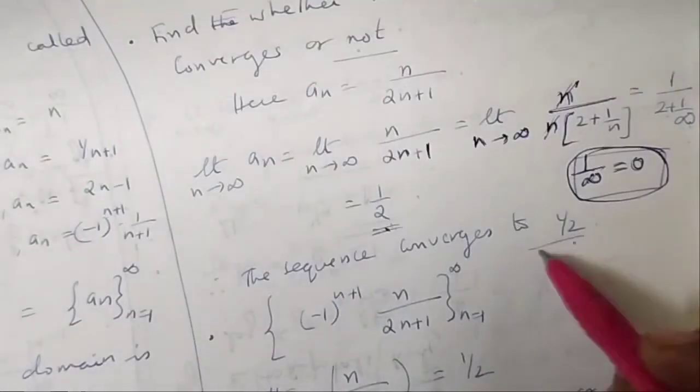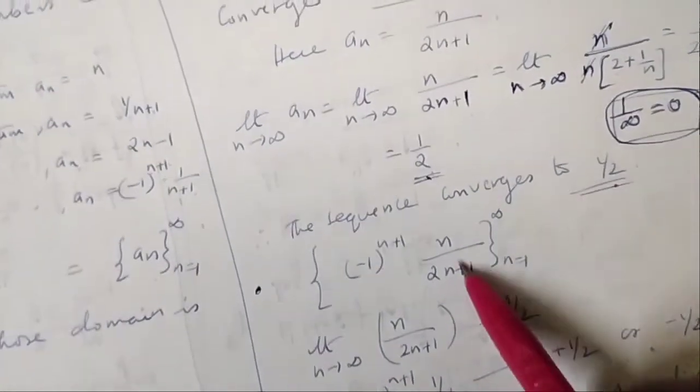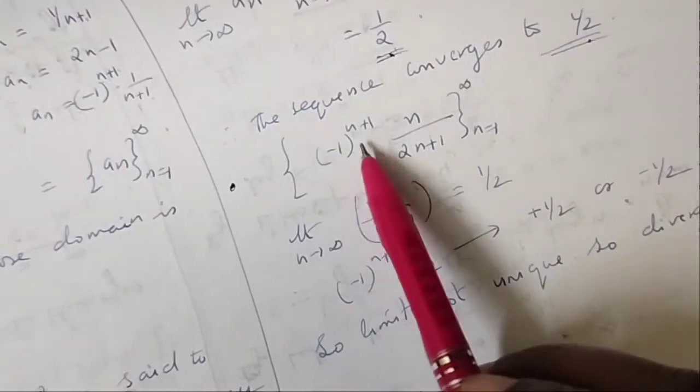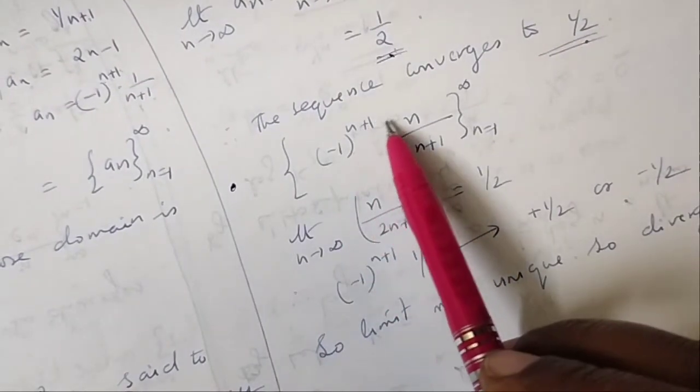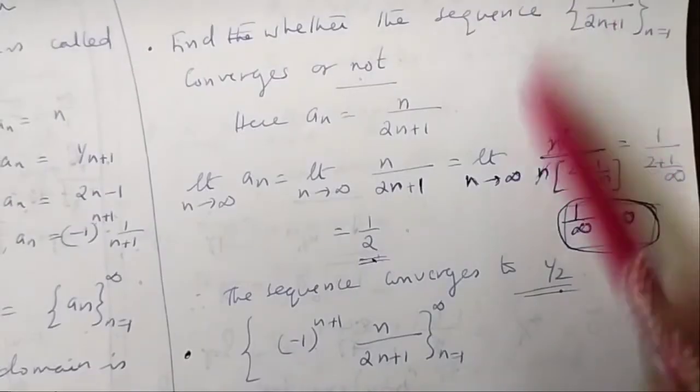So next example, minus 1 raised to n plus 1, n by 2n plus 1, n from 1 to infinity. So this is also the same sequence, but here alternately a negative sign is there. That is why minus 1 raised to n plus 1. First term positive, second negative, third positive, etc. So what is the limit value? This limit is 1 by 2, we have already done.